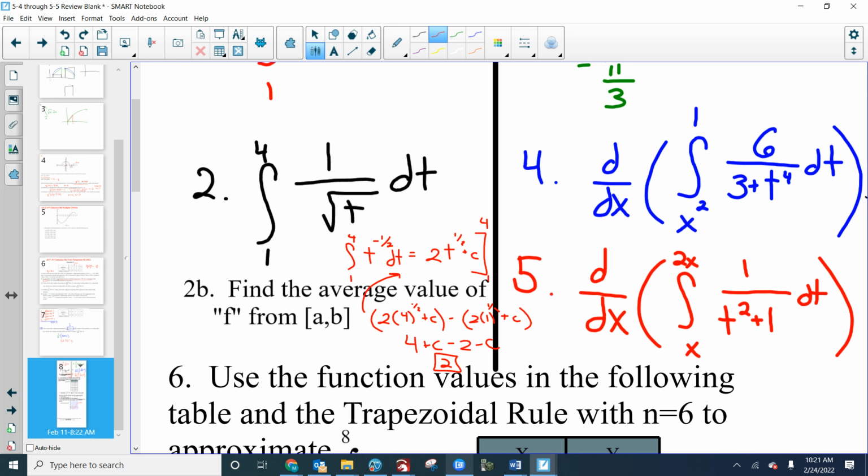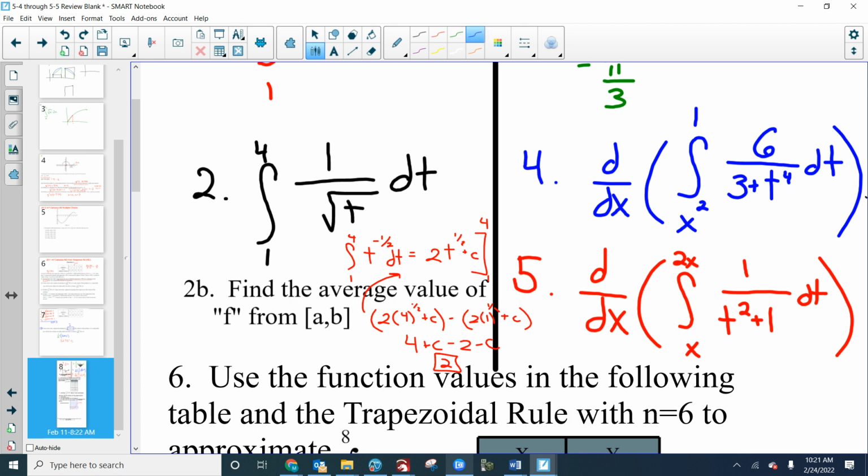2 is the area between the function and the t-axis from 1 to 4. How would I find the average value? Good news. You really don't have to do much more work.